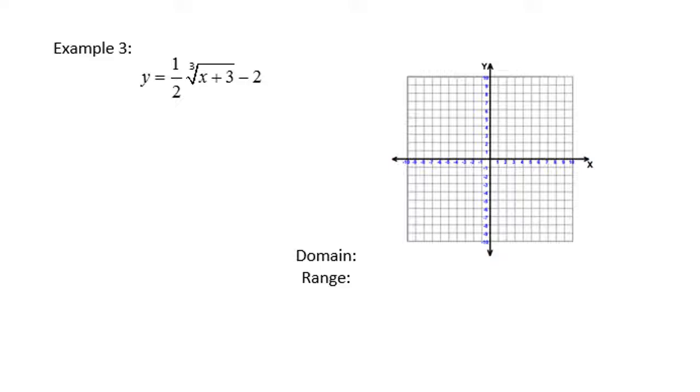Stick with it. Let's start off with our parent table. (-8, -2), (-1, -1), (0, 0), (1, 1), (8, 2). We're going to start off with our vertical stretch of 1/2. So I'm going to take my vertical values or my y values and times them by 1/2.